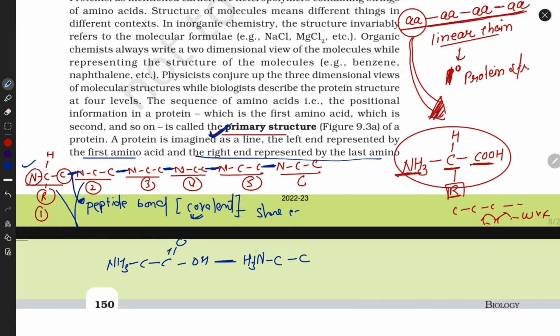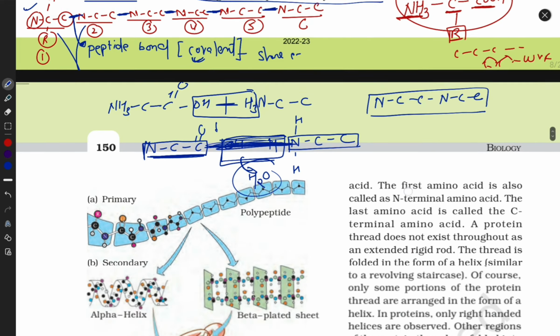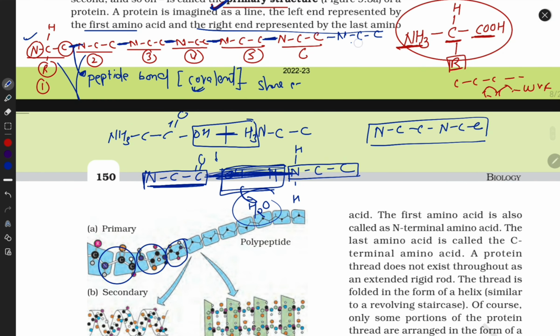So due to removal of water, this bonding occurs. After removing water, this binds with this nitrogen. So this kind of bonding forms the primary structure. Look at here guys. Amino acids are sequentially, linearly arranged. They make a linear chain. They contain a peptide bond. The special feature is that the primary structure contains a peptide bond.